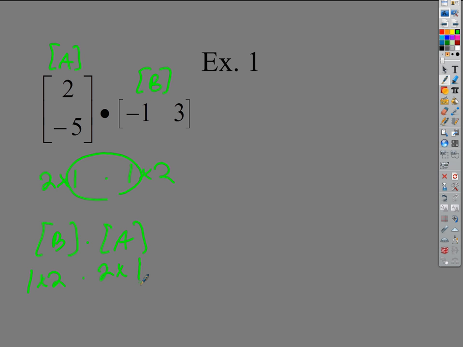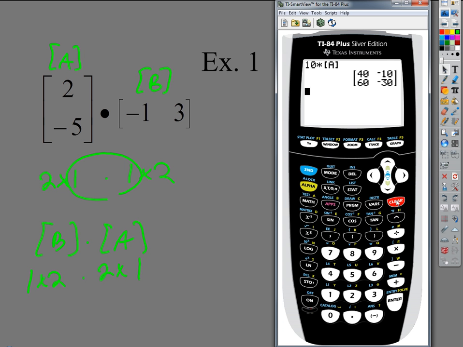Okay. Let's do this on our calculator. How do we do this? Well, it's pretty simple, just like you'd expect. I just go into the matrix editor. Edit matrix A to be a what, if I'm going to do this product? 2 by 1.